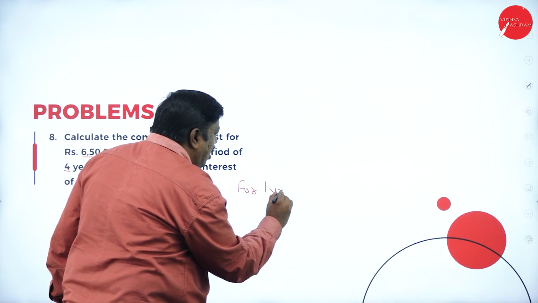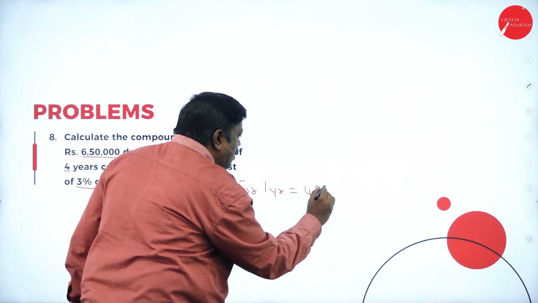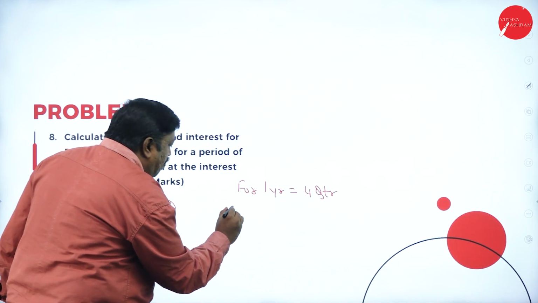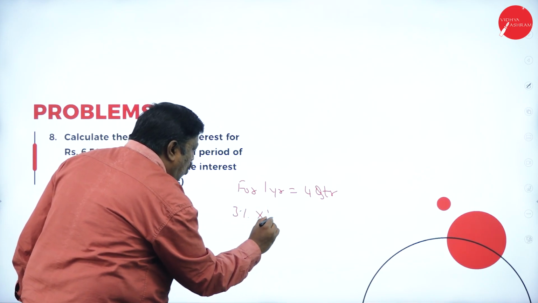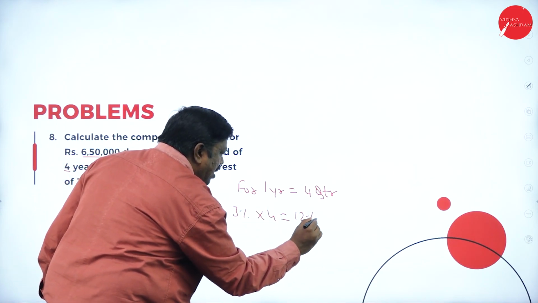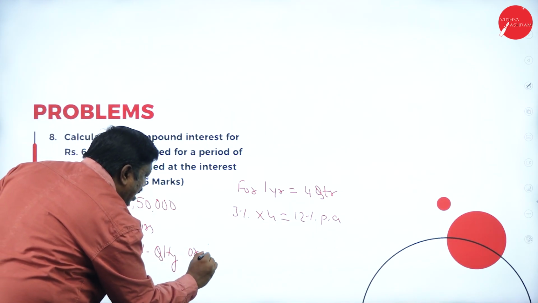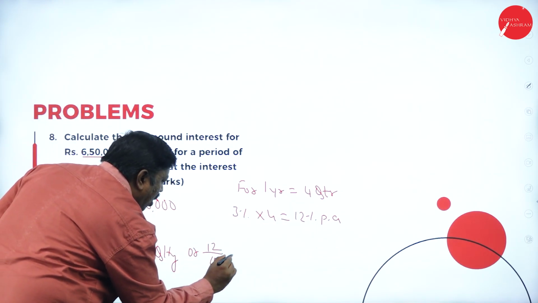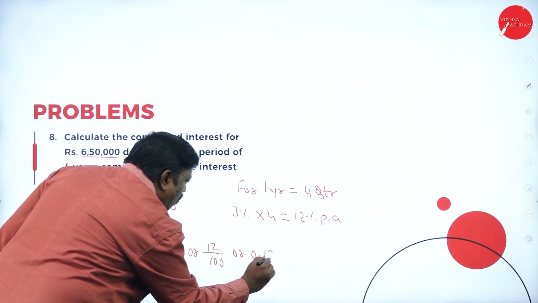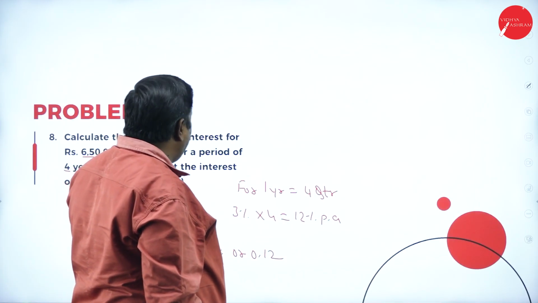For 1 year, there will be 4 quarters. So now 3% into 4, it will be 12% per annum. So my interest rate will be 12 by 100 or 0.12.